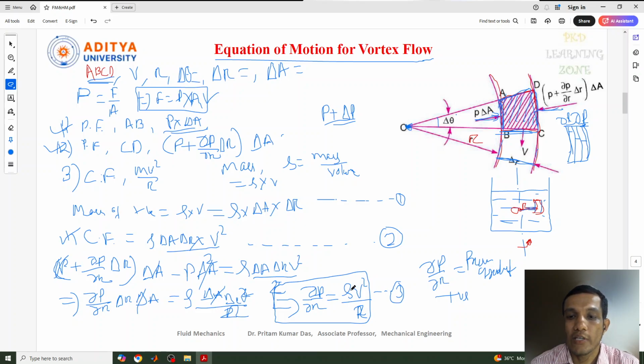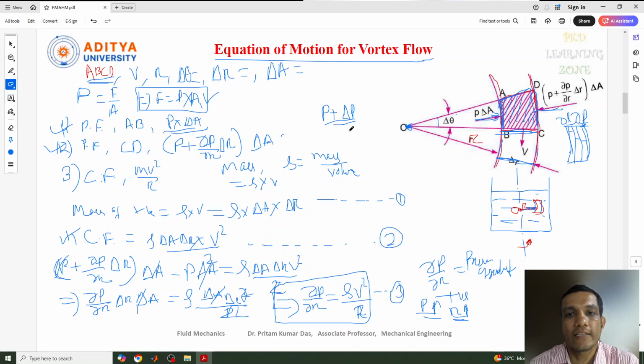Now with this positive value, the P value increases as the radius increases. This is only for the horizontal plane or horizontal directions.